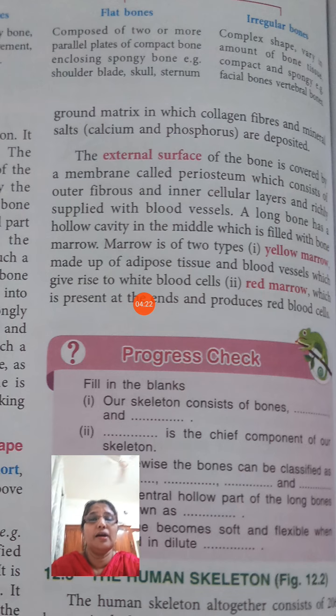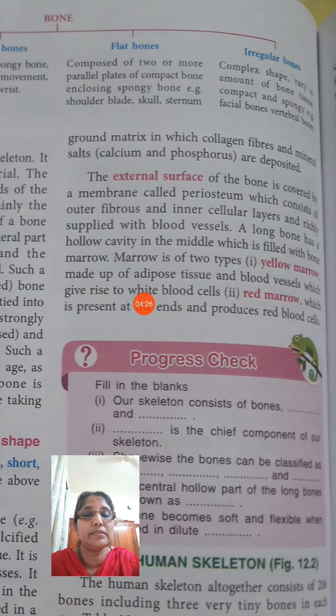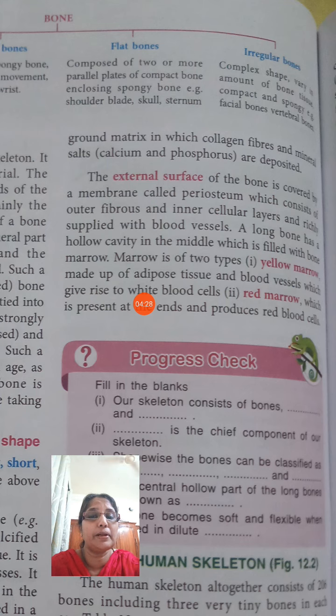Periosteum is the external, outer membrane. It has a fibrous membrane and several cellular layers, and a lot of blood vessels and nerves are present in the hollow cavity in the bone.